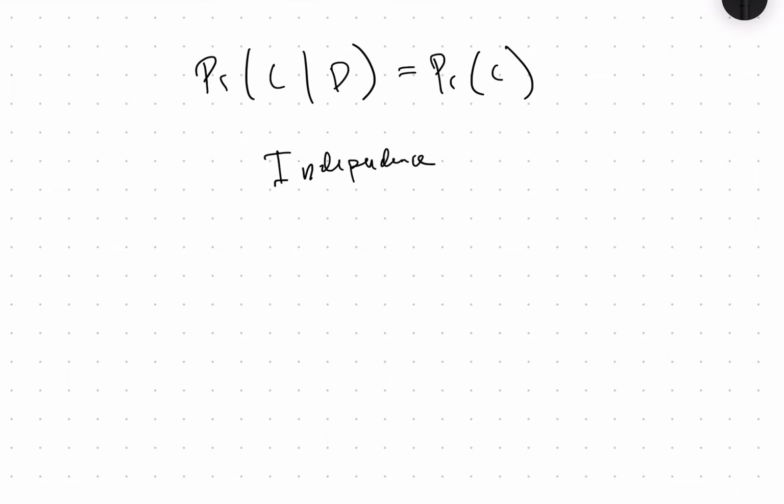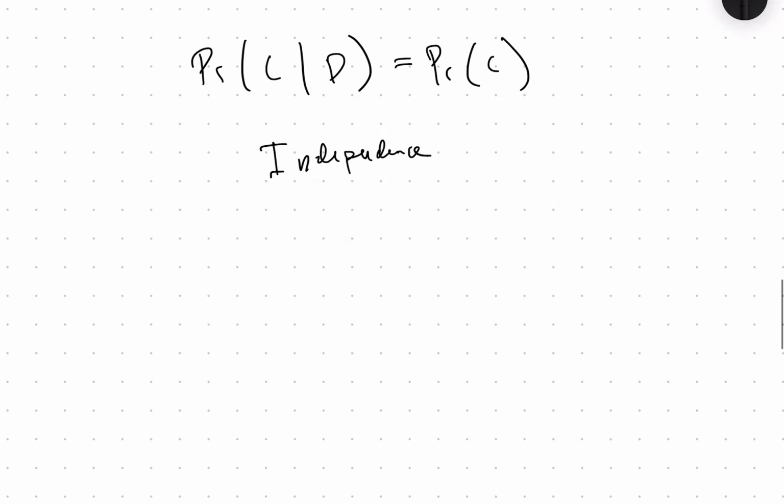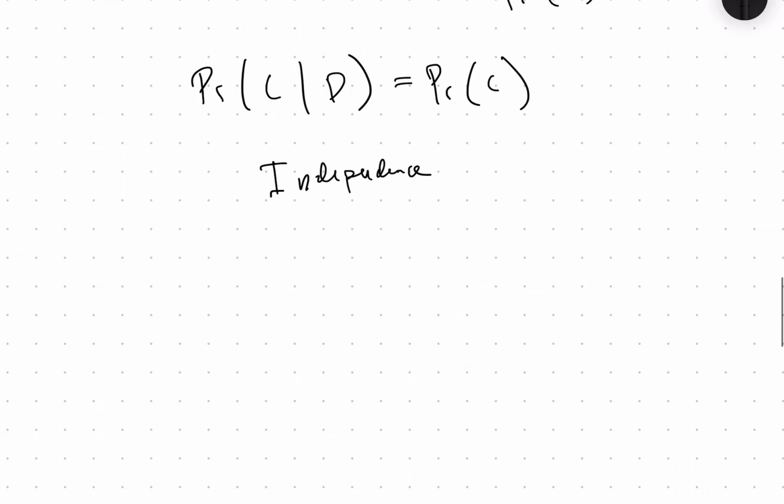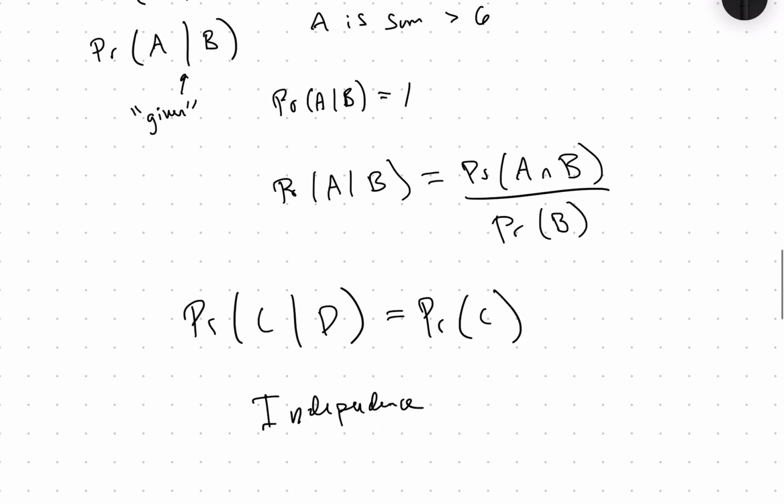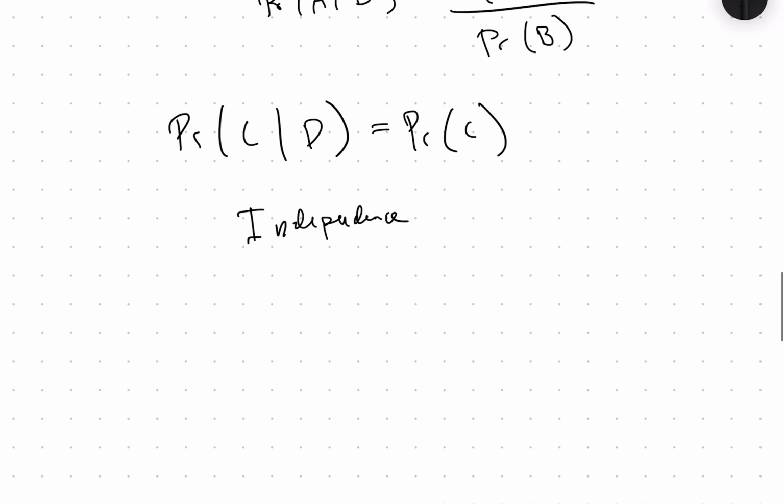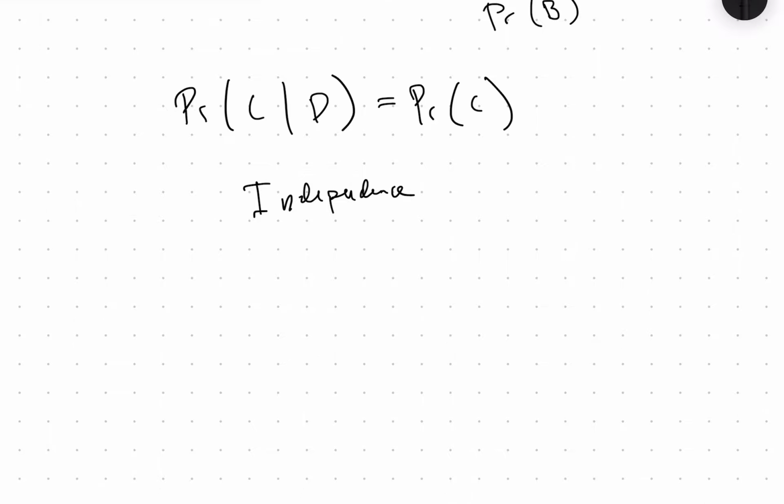C is independent of D. D taking place does not affect C. And so that opens up our world in a few places. One of them is that we can now do this, like I was saying before.